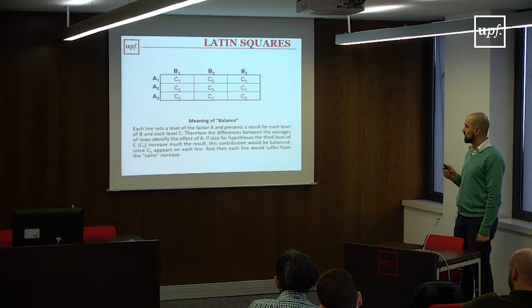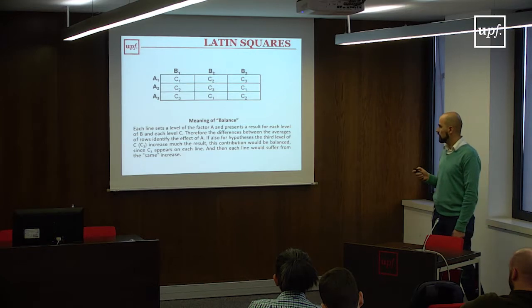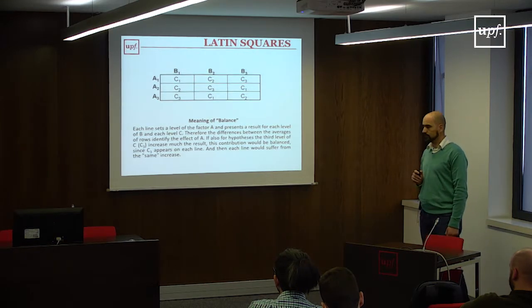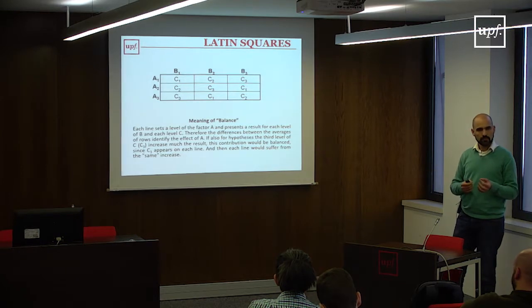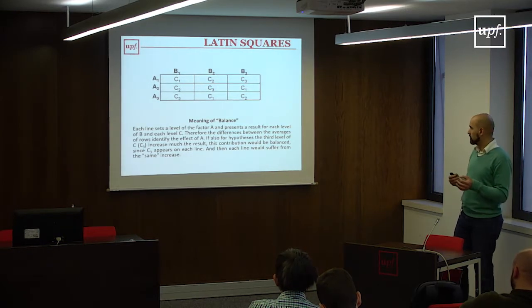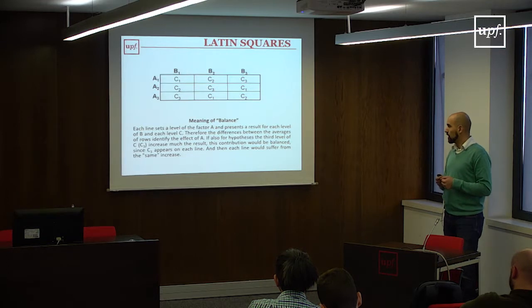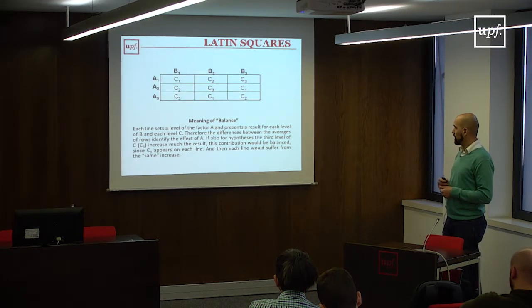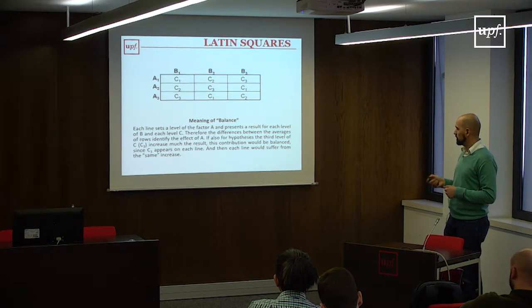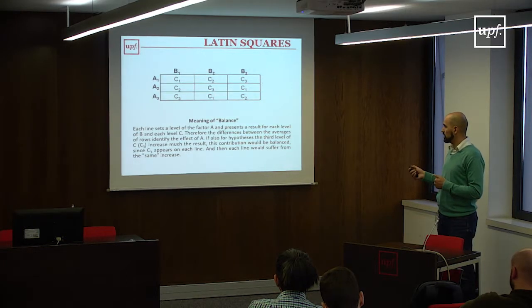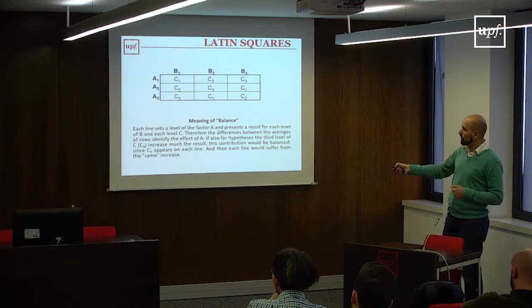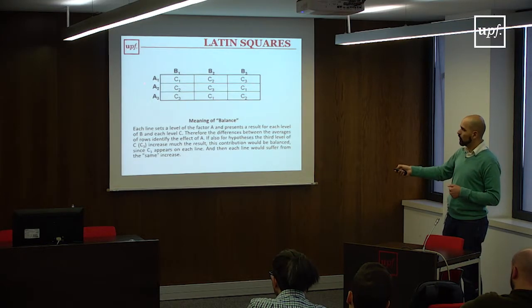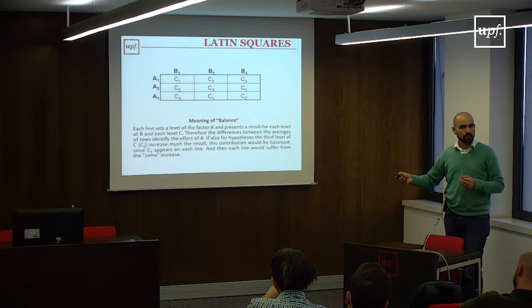Now, what does it mean to have something balanced? Suppose that now I have a variation in one of these factors. Each row sets a level of factor A and presents the result for each level of B and C. Therefore, the difference between the averages of the rows identifies the effect of A. We have levels A1, A2, A3.